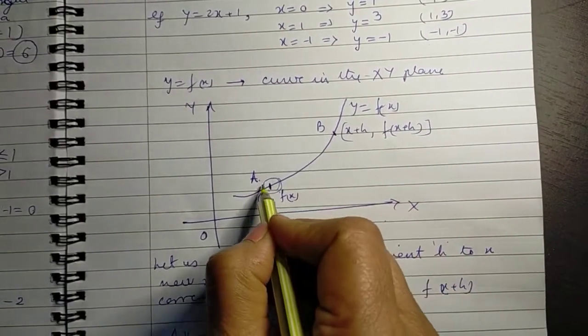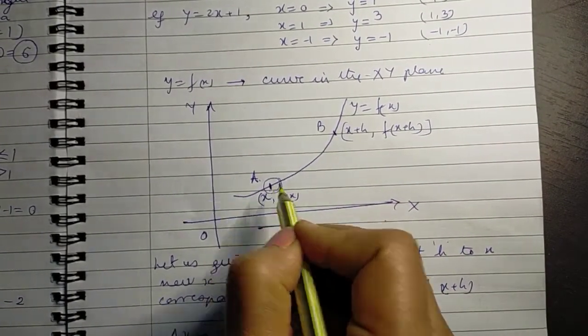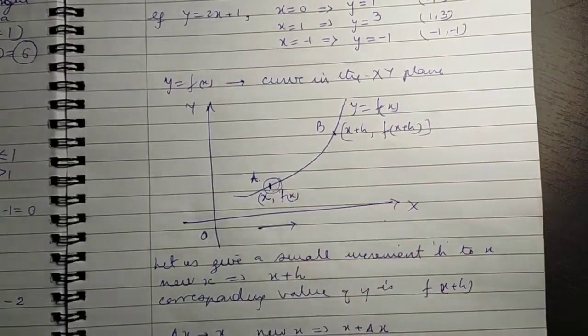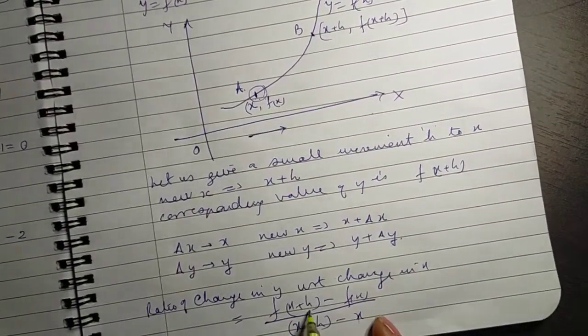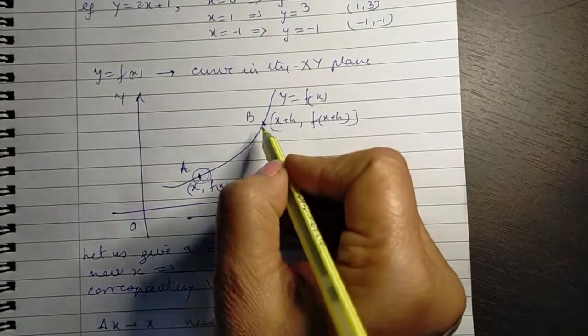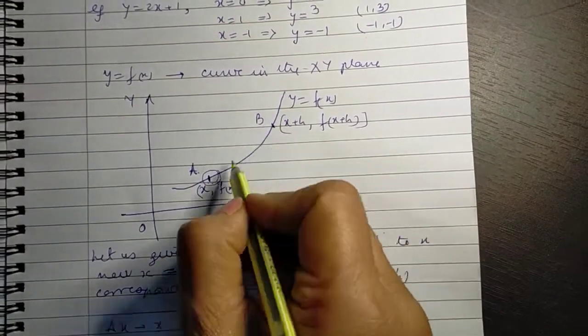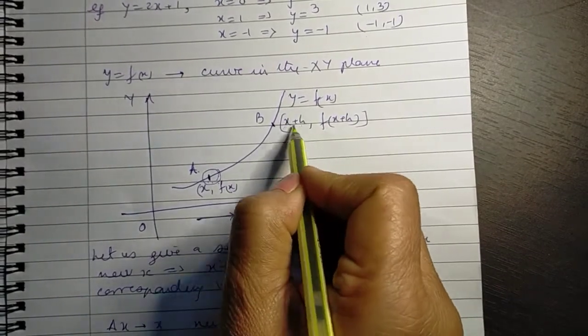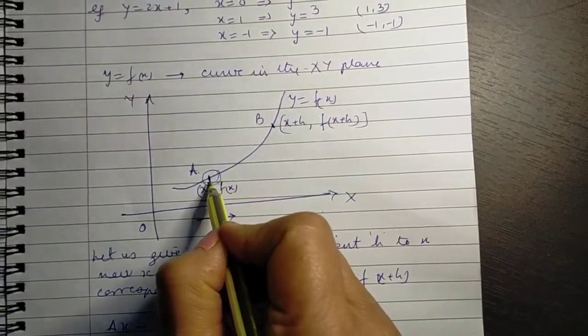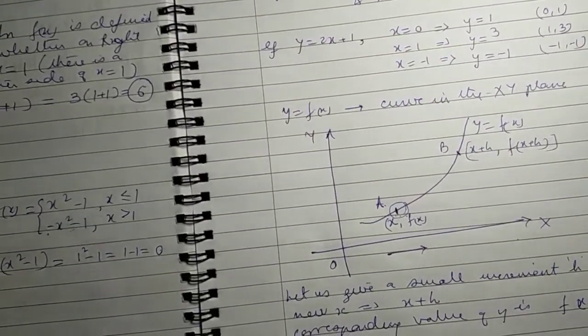So how do we get the instantaneous rate of change? It will be obtained by making this increment h approach 0. Meaning if h is as close to 0 as possible, so that x plus h is as close to x as possible, then we get the instantaneous rate of change.